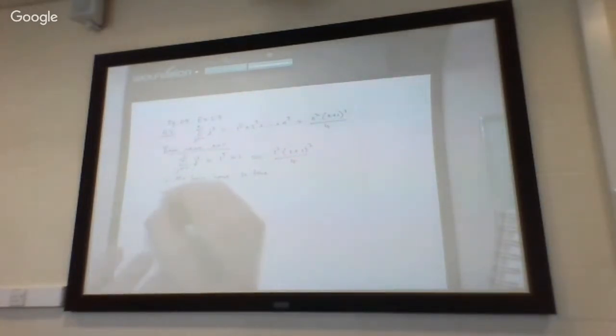By that I mean that we assume that the sum from j equals 1 to k of j cubed is equal to the appropriate thing, k squared times k plus 1 all squared over 4, for some value of k greater than or equal to the base case 1.